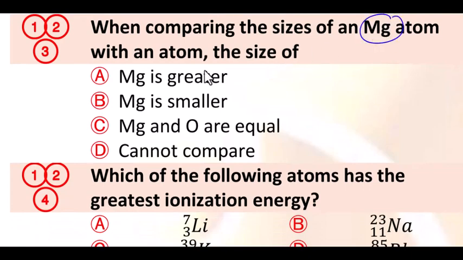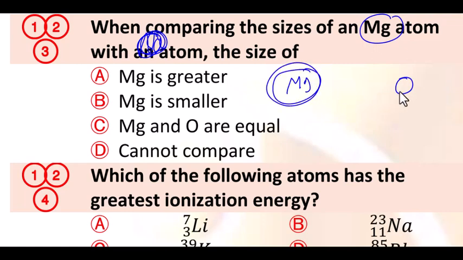When comparing the size of a magnesium atom with another atom, here comparing with oxygen, which one is greater? Here magnesium and here oxygen. The one to the left is greater than the one to the right.